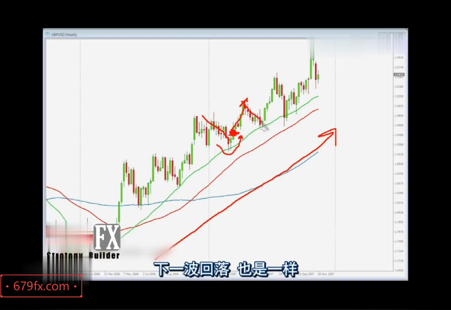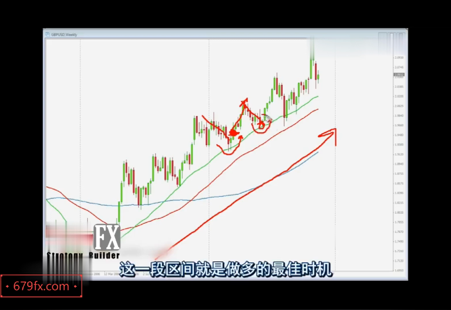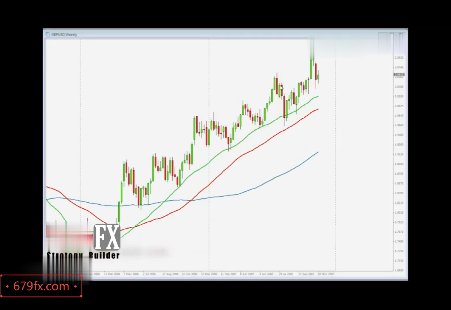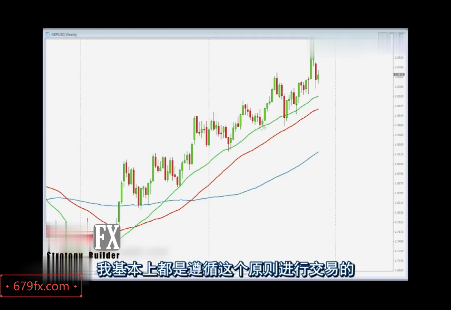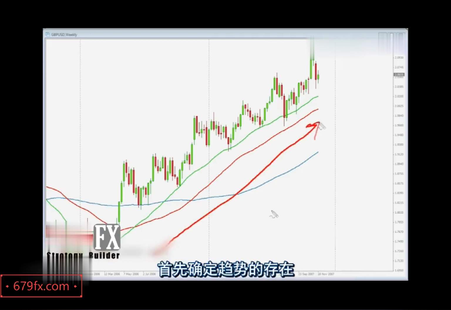Next retracement, same story. We reach the dynamic area, we see price beginning to turn around. This would have been a nice area to enter long for another swing up. That's basically what I do in my usual trading approach. I search for a trending scenario.